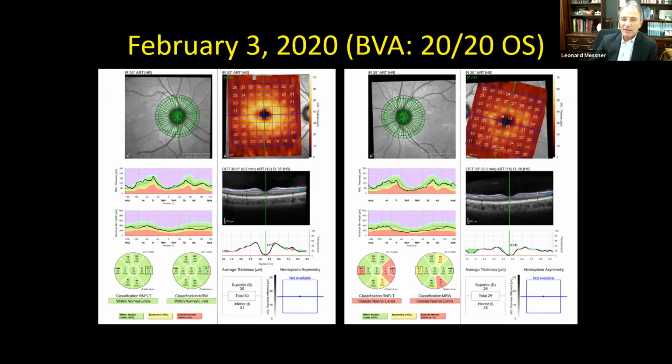We see this persistent thinned appearance of the ganglion cell layer on the left side as compared to the right. But now you can see very significant thinning of the nerve fiber layer and the neuroretinal rim, more so on the temporal versus other aspects of the optic nerve.